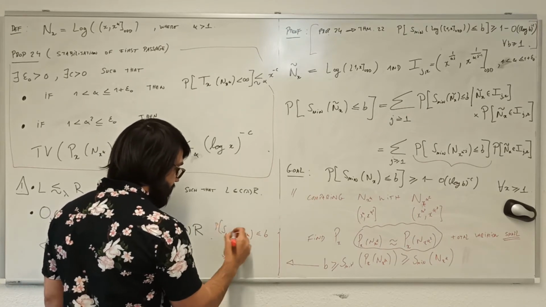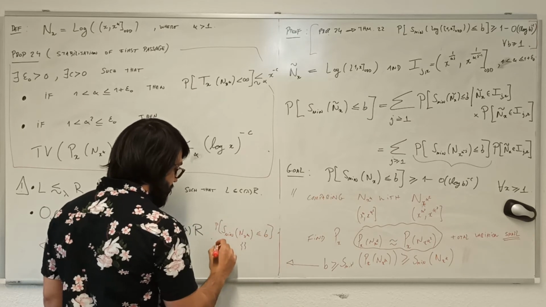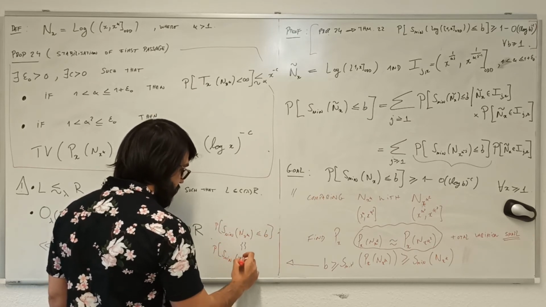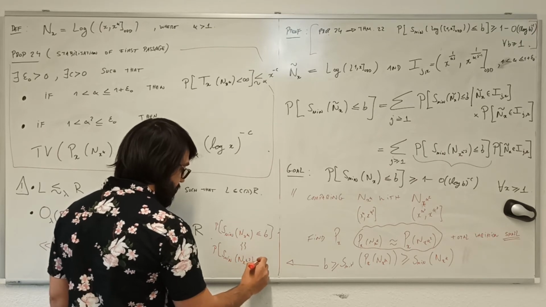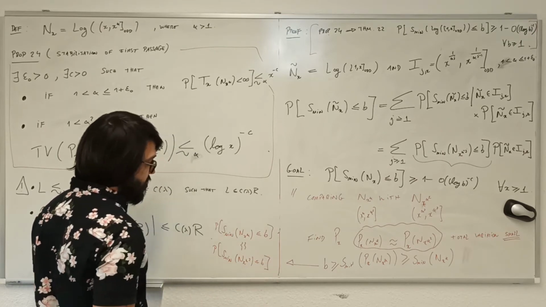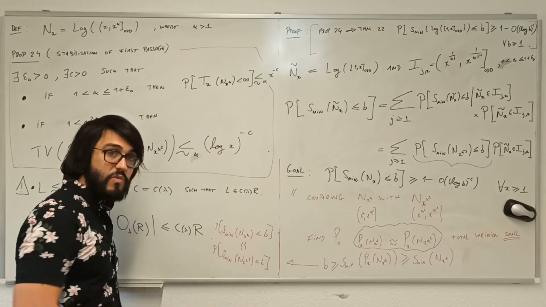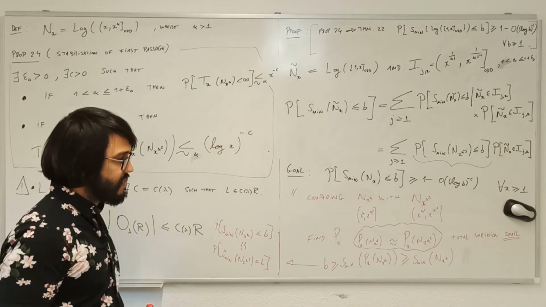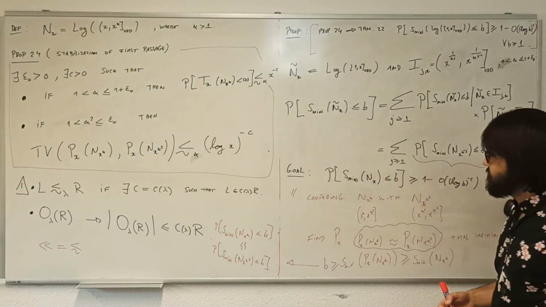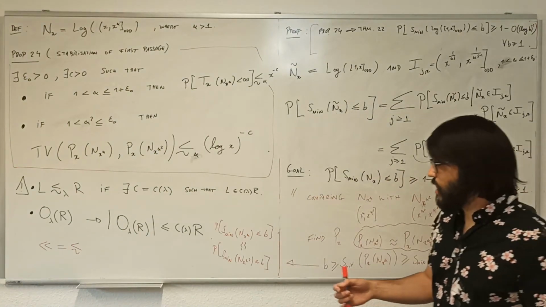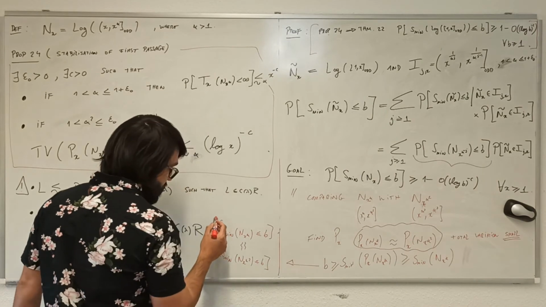So the probability of this will be close to the probability of the next one. So these two numbers will be close. That is the idea. So I want you to deduce that these two numbers here are close.